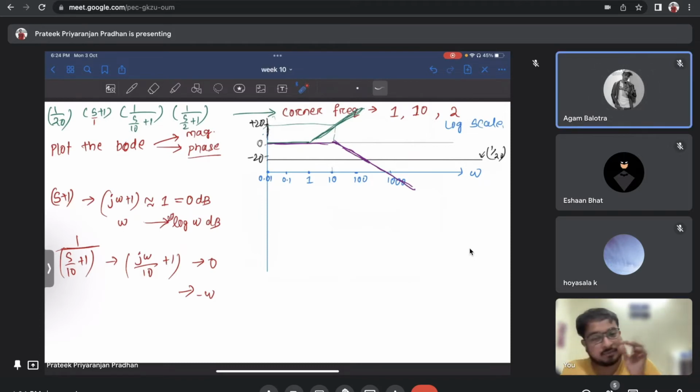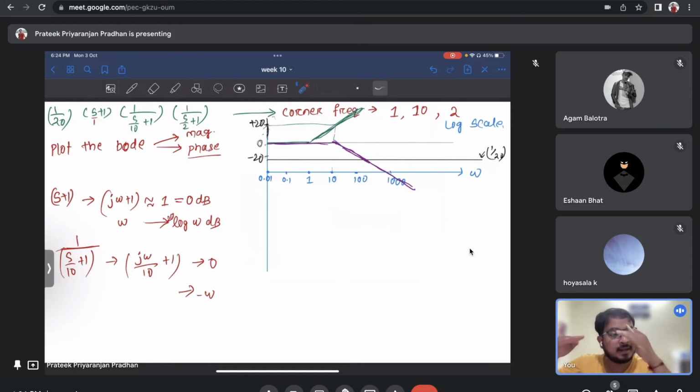At 1 omega, the lower frequency and higher frequency meet. s I can write as j omega. At lower frequency, when omega is very much less than 1, I can approximate it as 1. Am I correct? So this will be 0 dB in the dB scale. And what about high frequency?